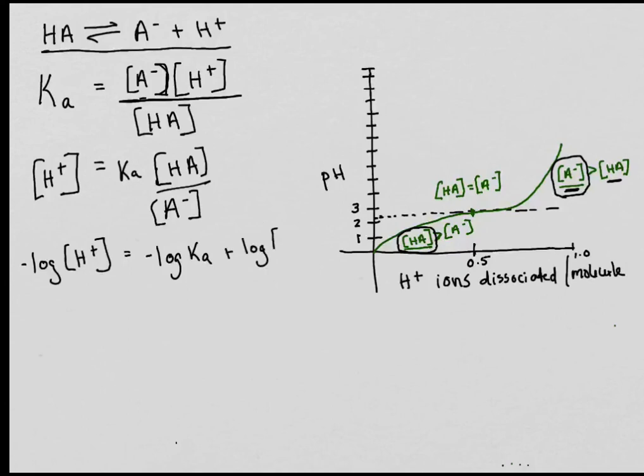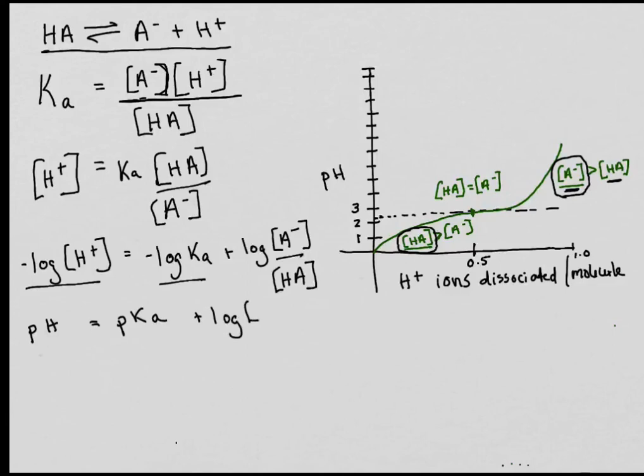Then, using rules of log, the negative log would be the log of the reciprocal. And this starts to give us something that looks really familiar. Negative log of H plus is pH, negative log of Ka is pKa, plus the log of A minus over HA. And this is it, the Henderson-Hasselbalch equation.